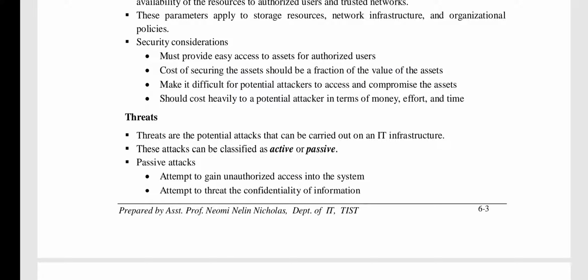The cost of securing the assets should be only a fraction of the total value of the assets. It should be difficult for potential hackers or attackers to access and compromise the assets, and attacking the assets should cost a potential attacker heavily.